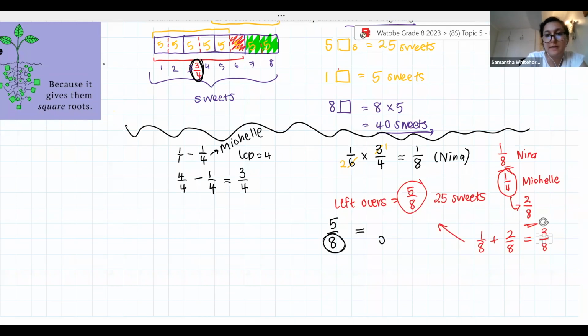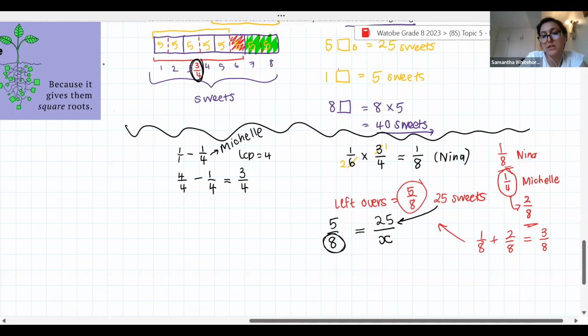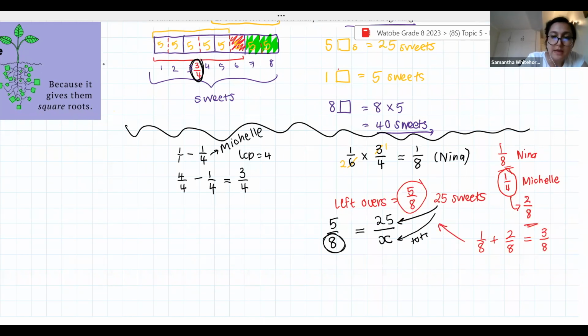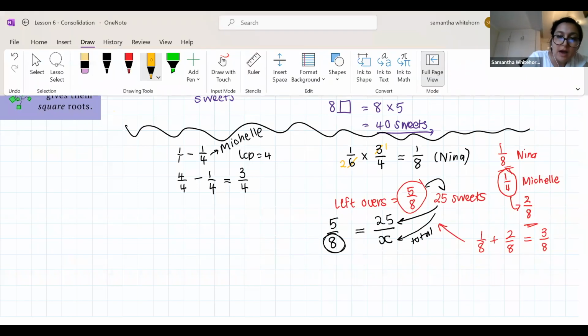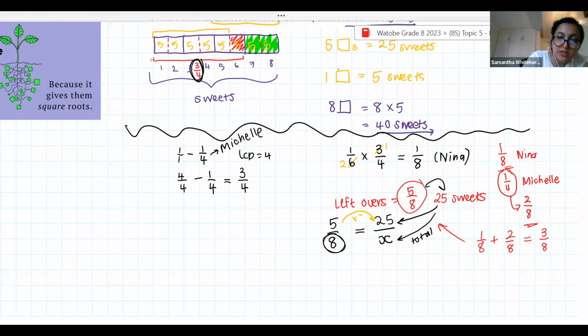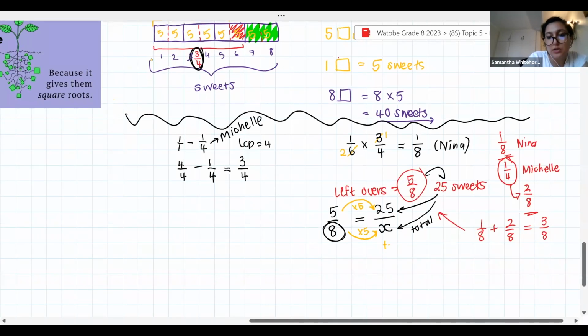But we need to figure out an equivalent fraction that talks about 25 sweets in relation to the total number of sweets. Because we know that 5/8 represents the 25 sweets, these are equivalent fractions again. I say 5 times 5 to get to 25, which means I should say 8 times 5, and that gives me a total of 40 sweets that she started with.